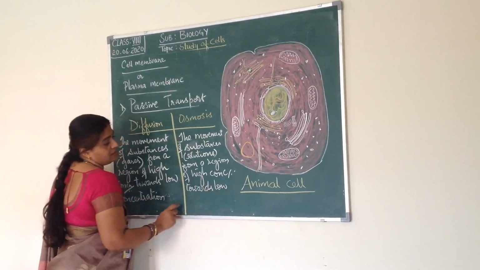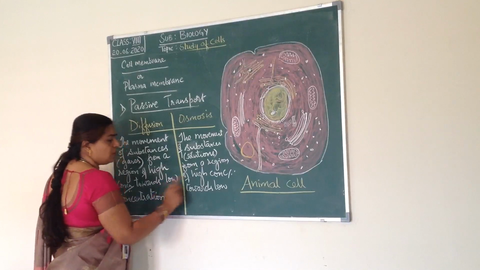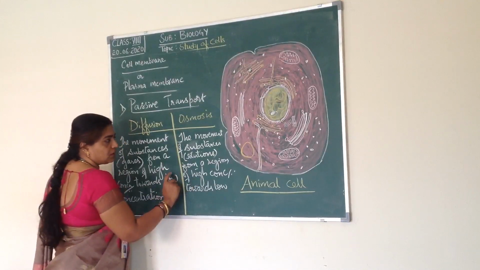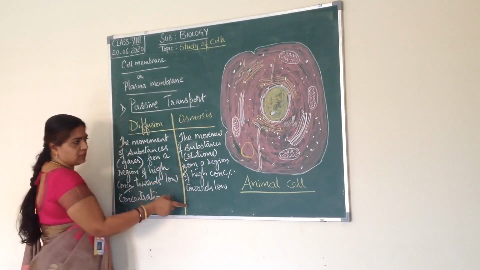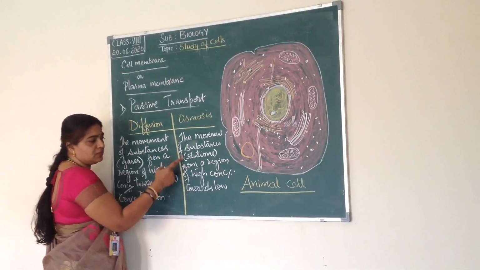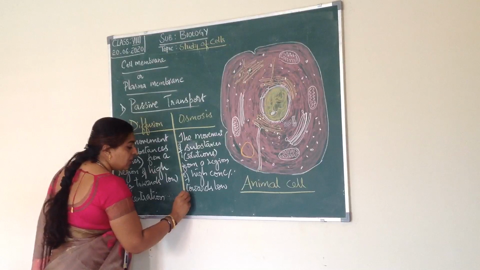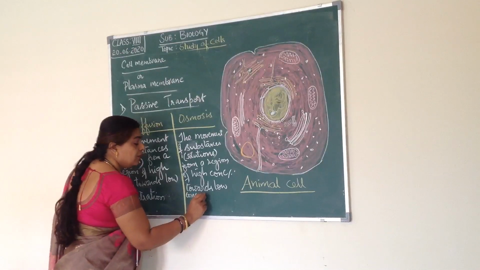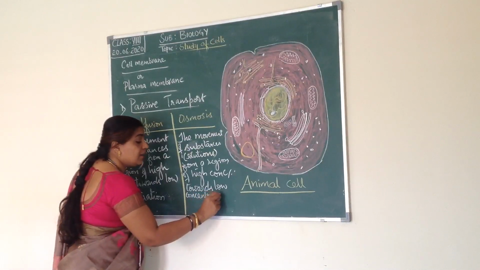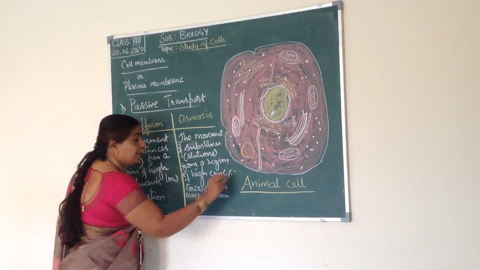This is osmosis. So what is the difference between osmosis and diffusion? Both are the same: the movement of substances from a region of higher concentration towards lower concentration through a semi-permeable membrane.